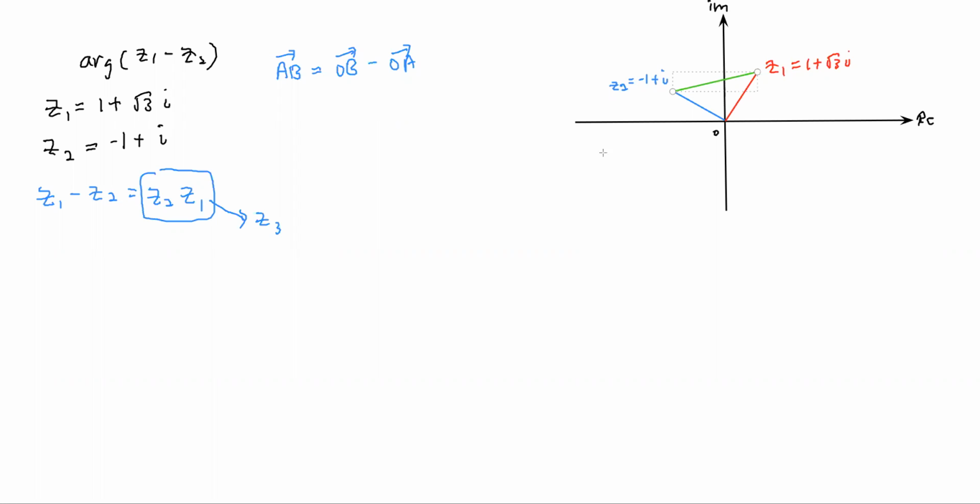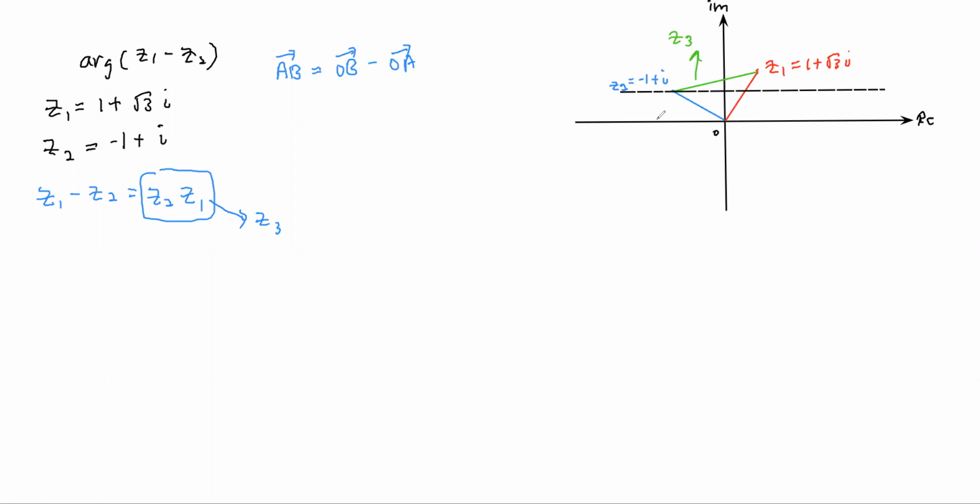Let me draw another line that is parallel to the real axis, so this would be that line here, and let me dot it. The green line would be Z3. So this is technically Z3.